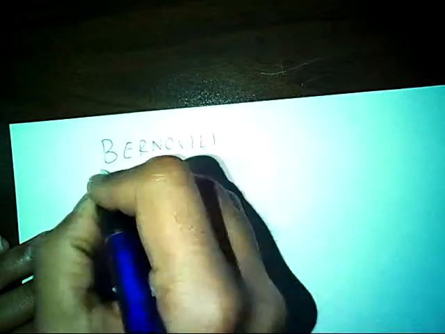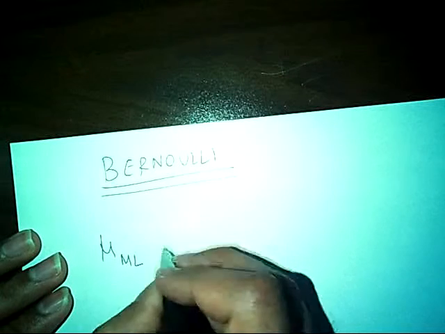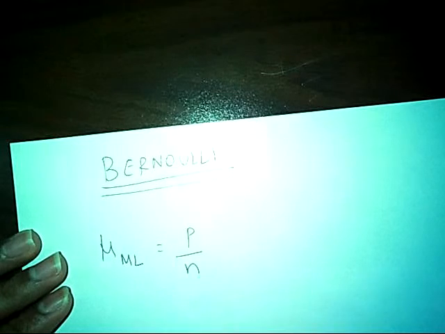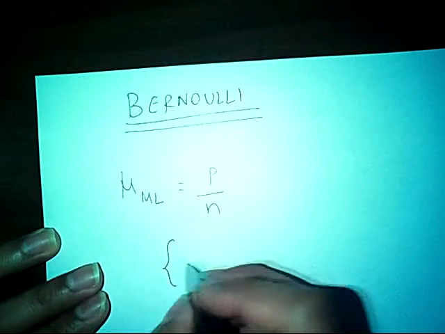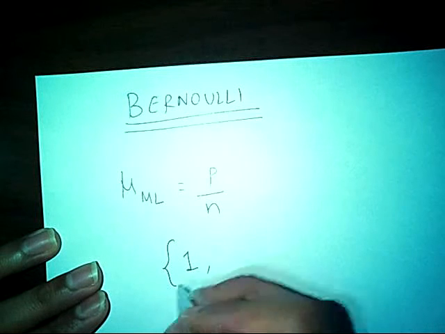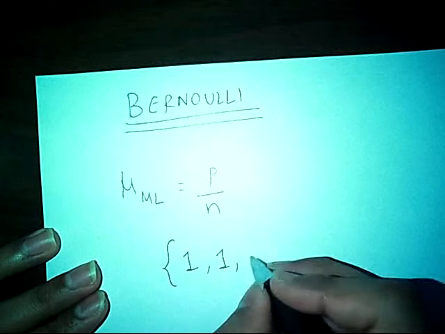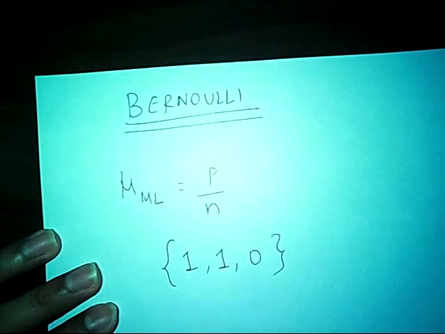So I asked you to keep the mu maximum likelihood estimation that we did for the Bernoulli distribution in your mind. To just recall, for a Bernoulli distribution that we saw earlier, the mu ML was obtained as P over N. So let us assume that we had data where we got 1, 1 and 0.